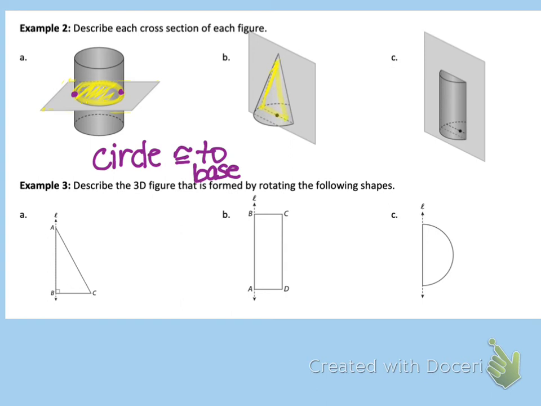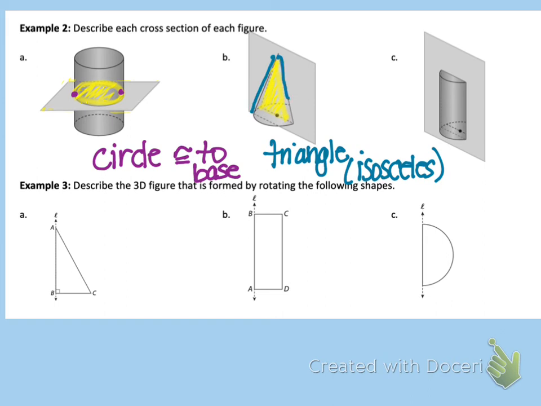It's basically like they're cutting straight through and getting a little triangle out of there. So that's a triangle of some sort. And it's probably isosceles. If we wanted to be very specific, we'd say it's an isosceles triangle because these edges right here are going to be the same length, right?